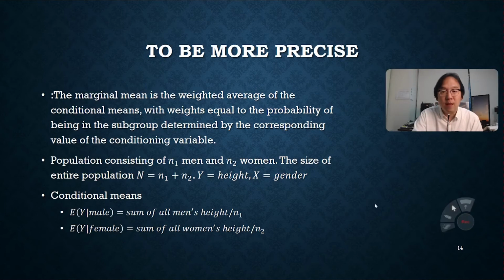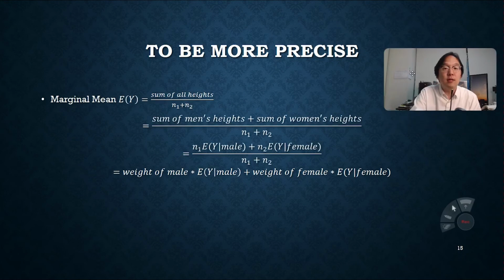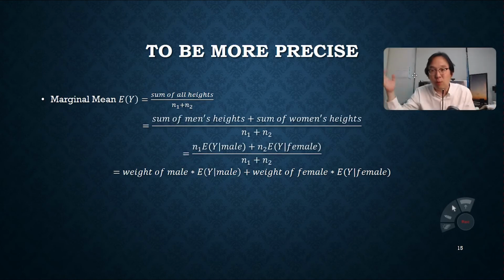That's easy. The second page, you see it. Marginal mean, right, will be defined like this. Sum of all heights divided by the total number of observations. Yeah, that's the mean that we talk about, right? But we analyze it in this way so that the numerator should be the sum of all men's height plus the sum of all women's height, split it, and then you have N1 and N2 showing up. And then the denominator has N1 plus N2, right? And then the numerator, you still have what?